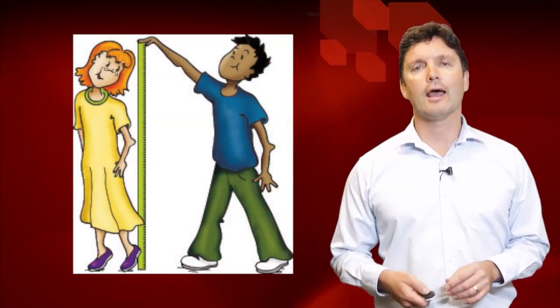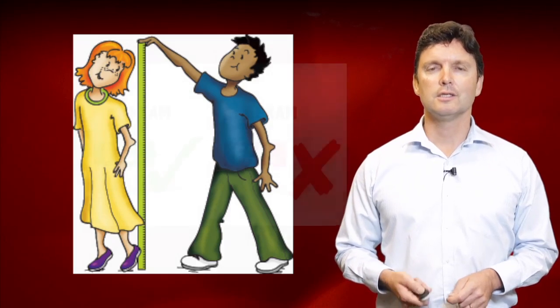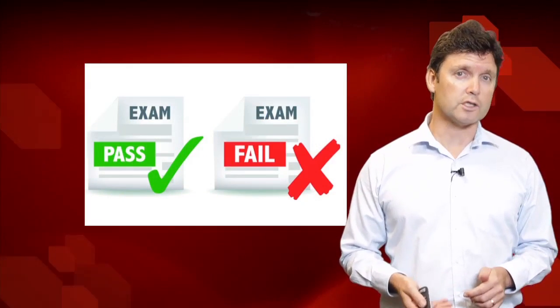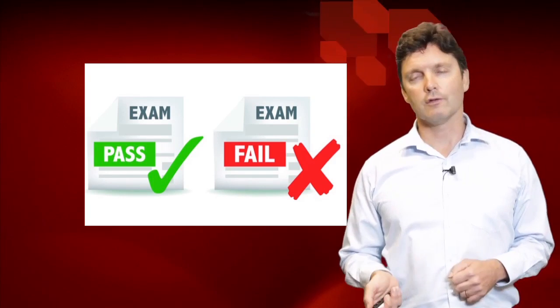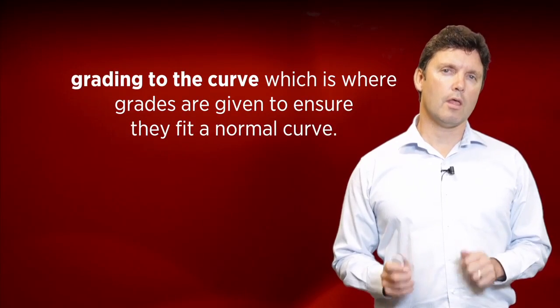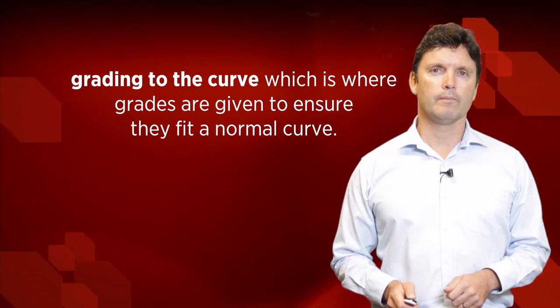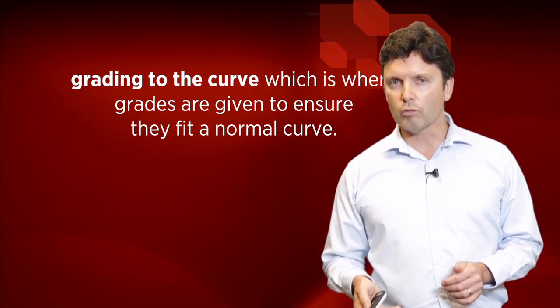For example, the distribution of heights in your class allows you to determine how tall you are relative to your classmates. Similarly, the distribution of scores in an exam allows you to determine how well you did relative to your classmates. You may have heard the term grading to the curve, which is where grades are given to ensure they fit a normal curve.